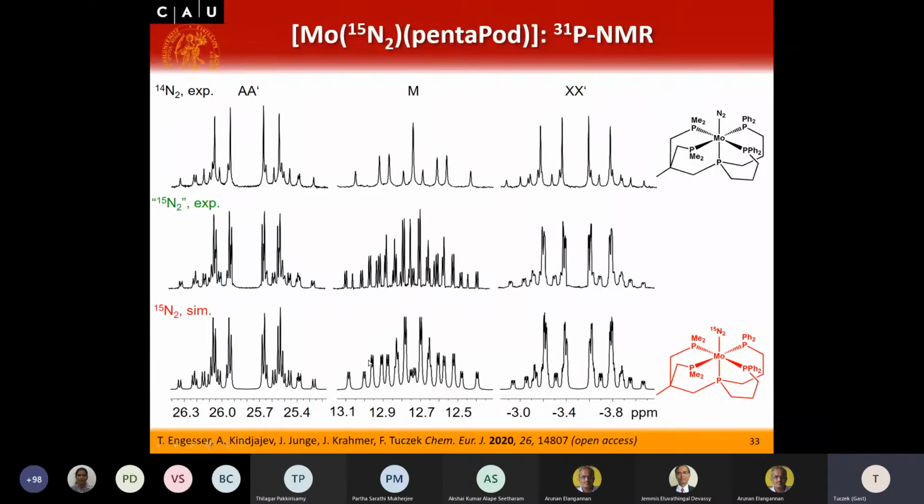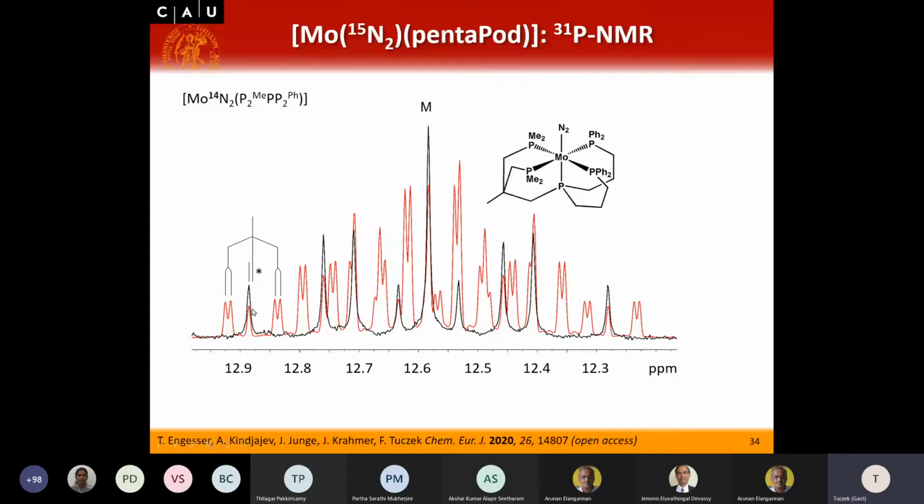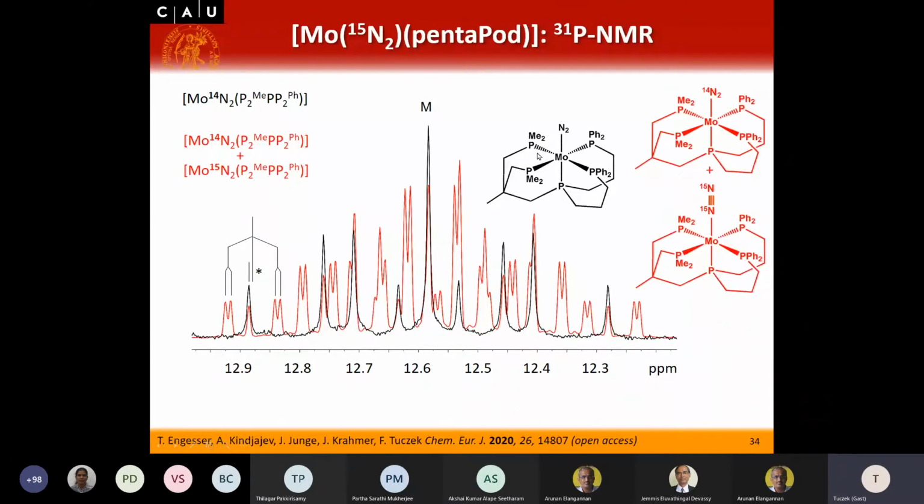And it was immediately clear that the experimental spectrum has more peaks than the simulated spectrum. And it turned out, and we now go to this M spectrum, that this 15N complex also contained some amount of the 14N complex. So here you see the spectrum of the 14N complex in black, and here you see the spectrum of a mixture of the 14N and the 15N complex.